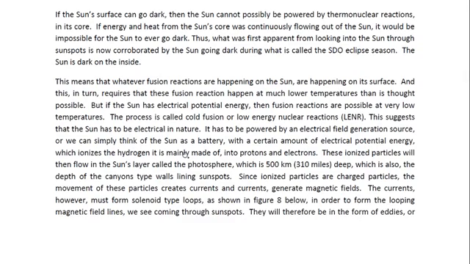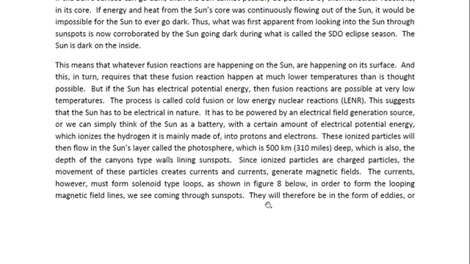So it's like a battery, generating electrical potential energy, and it uses that energy to ionize its particles. So for instance, hydrogen would be ionized and turned into protons and electrons. Then these particles would flow in the sun's layer called the photosphere, which is 500 kilometers deep. And so the depth of the canyons would be about that size.